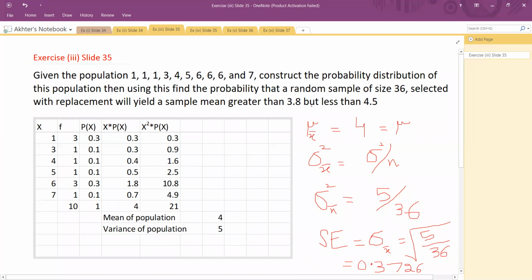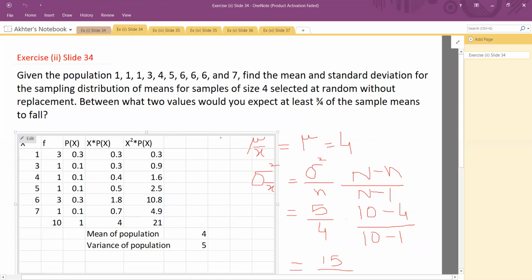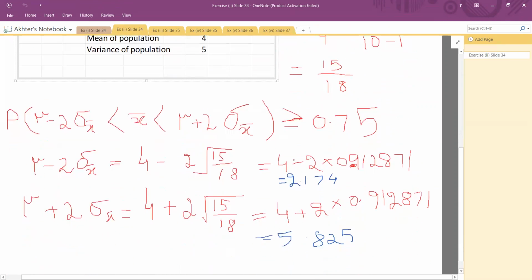We can find this probability. What probability is required? The probability that x bar lies between 3.8 and 4.5. In contrast, in exercise 2 the probability was given, but we had to find the limits of the two values within which the probability would be at least 75%.